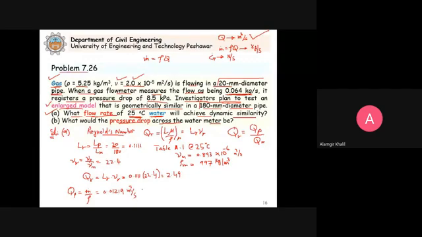And now what will be Qm? Qm will be equal to Qp divided by Qr.